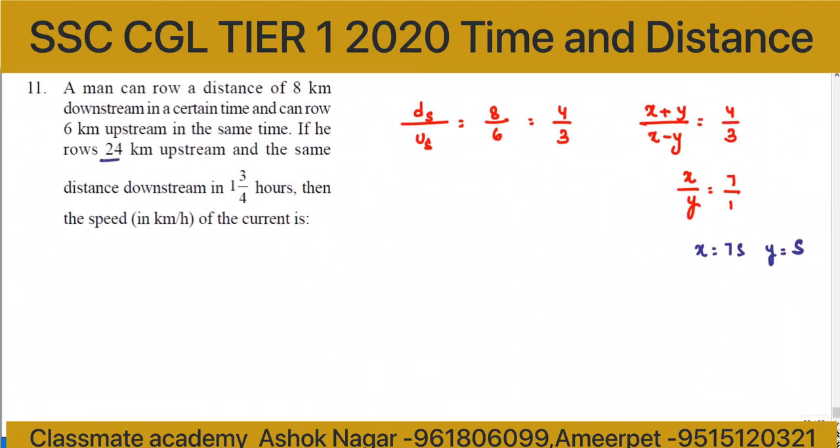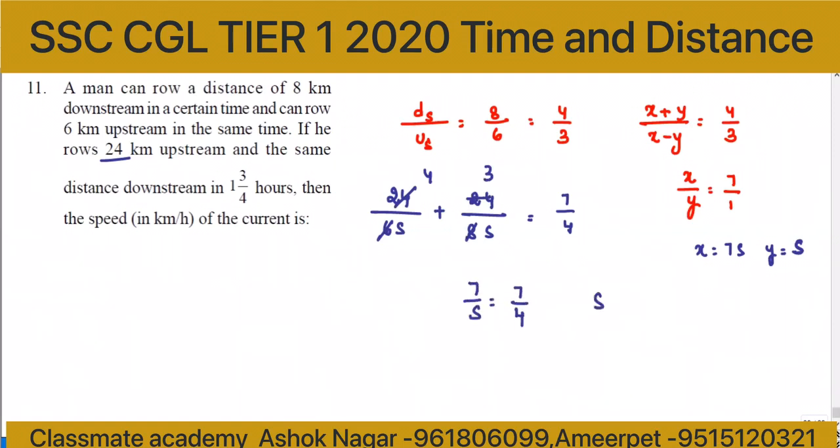How many kilometers upstream? 24 kilometers upstream, which means 6s. Same distance downstream means 8s. Is equal to how much? 7 by 4. So 7 by s is equal to 7 by 4. Then what is s? 4 kilometers per hour.